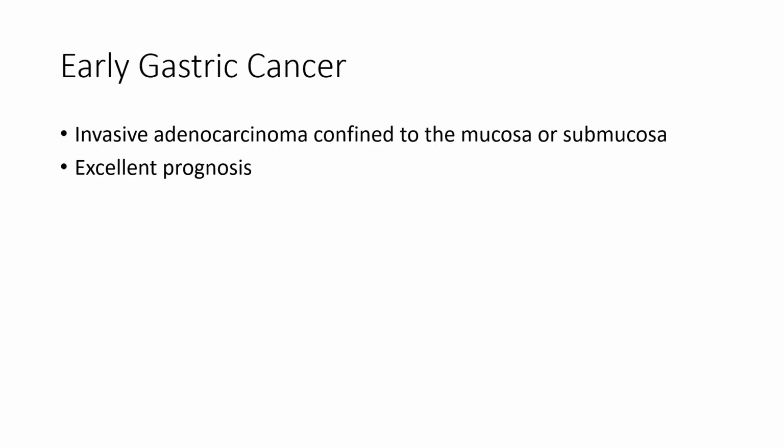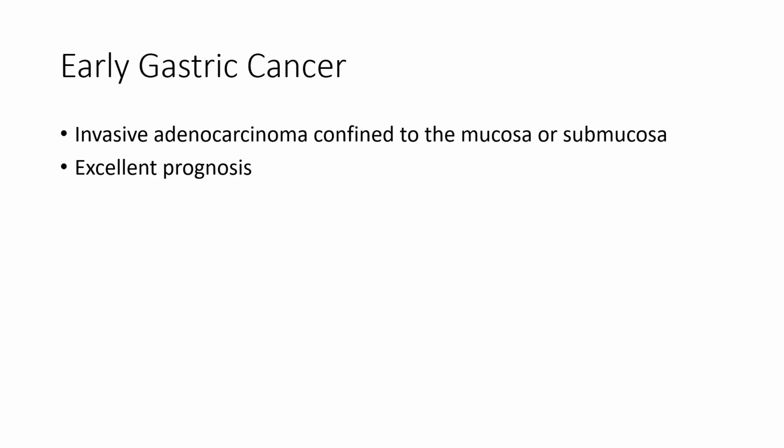Early gastric cancer refers to gastric carcinoma that was discovered at an early stage, before invasion into the muscularis propria could occur. So the carcinoma is limited to the mucosa or submucosa.